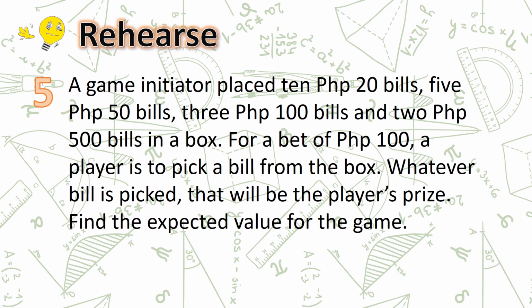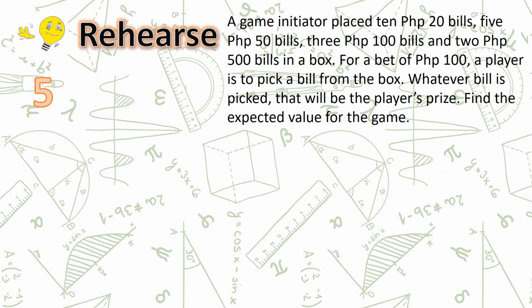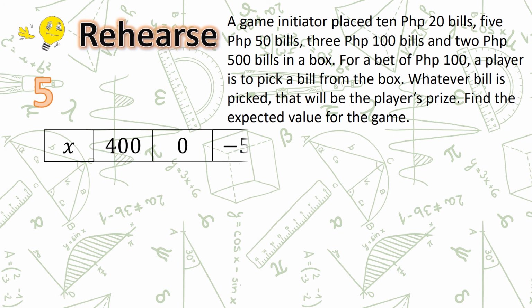Time is up. Let us show the solution. So in constructing the probability distribution, the values for the gains will be 400 if ever the player picks a 500 peso bill, 0 if ever a player picks 100 peso bill, negative 50 if the player picks 50 peso bill, and negative 80 if the player picks 20 peso bill.